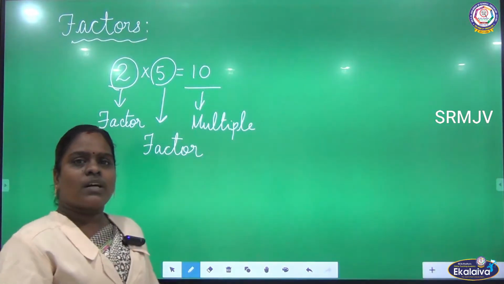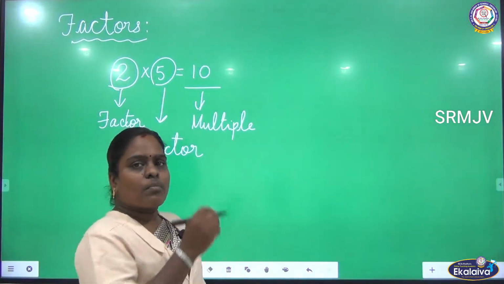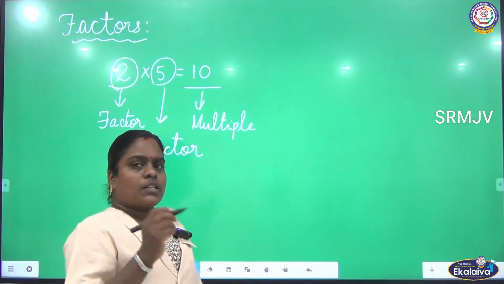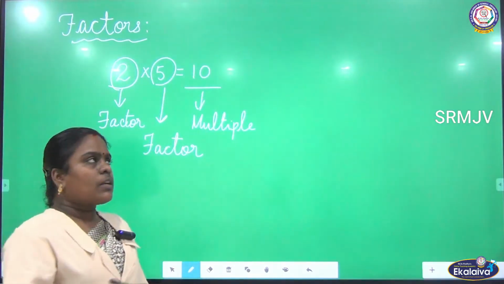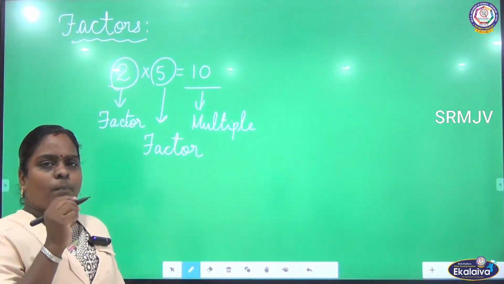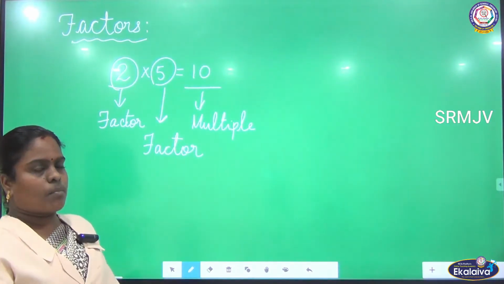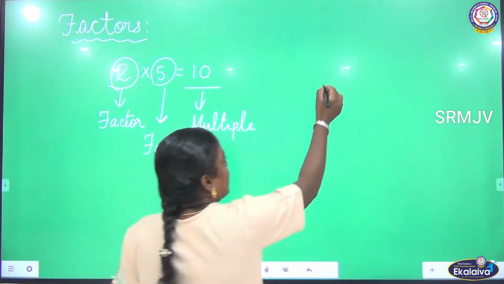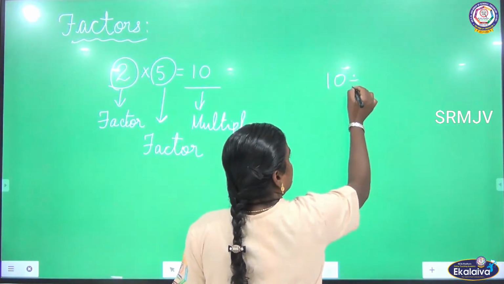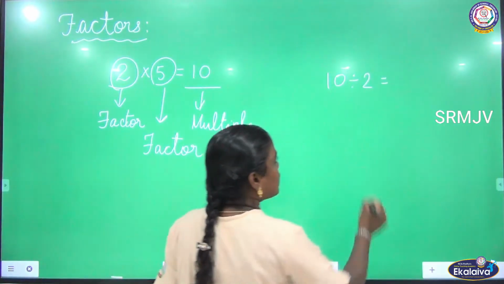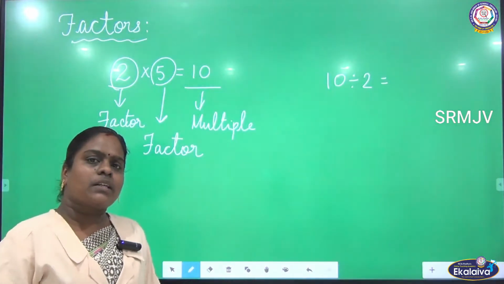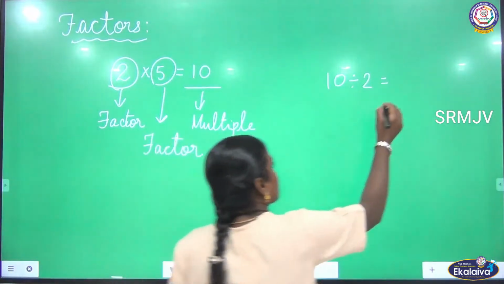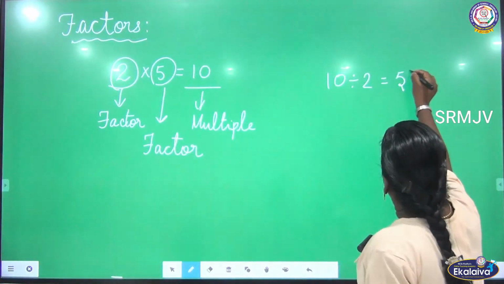Children, if a number is a factor of a multiple, there should be no remainder, so that we can say that it is a factor of a given number. For example, 10 divided by 2. What will you get if you divide 10 by 2? 5.